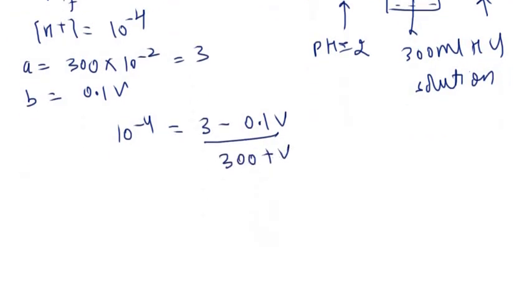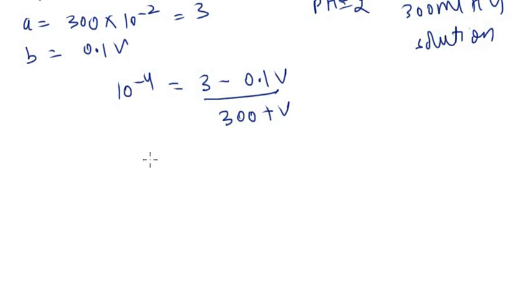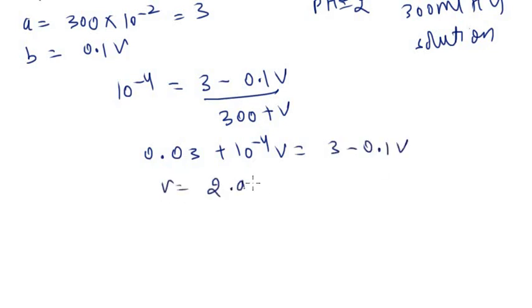So now let's solve for V. If you multiply both of them, it will be 0.03 plus 10 raised to power negative 4 V equals 3 minus 0.1 V. So here V comes out to be 2.97 over 0.1001, which is 29.7 ml.